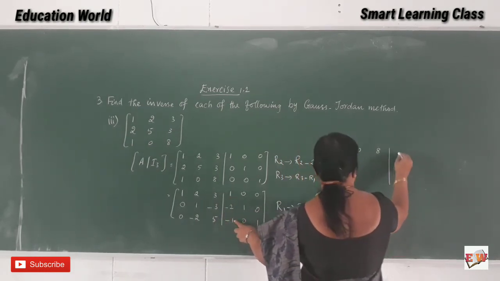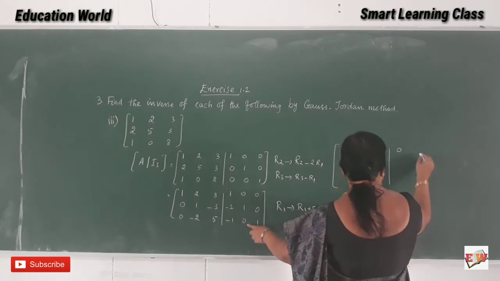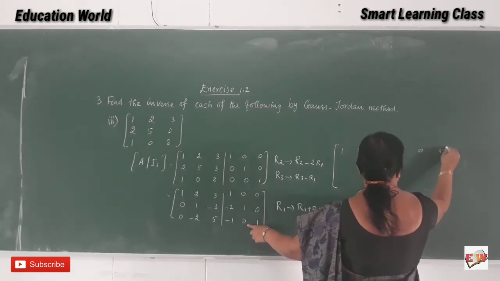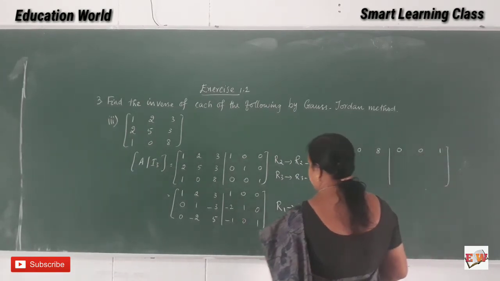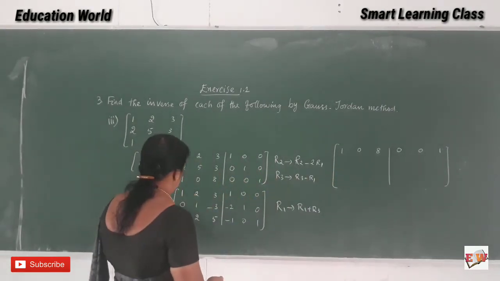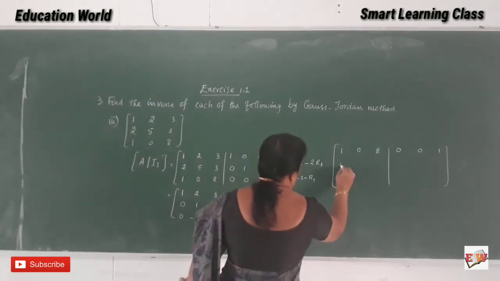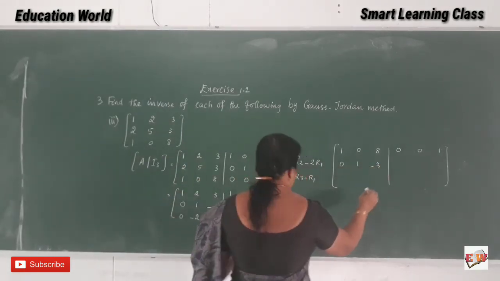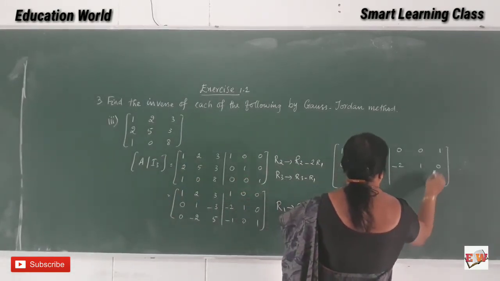Like 1 minus 1, 0. 0, 1. Then 0, 1, minus 3, minus 2, 1, 0.